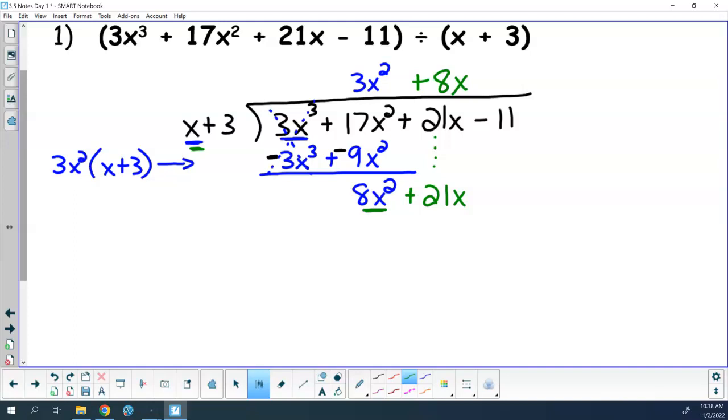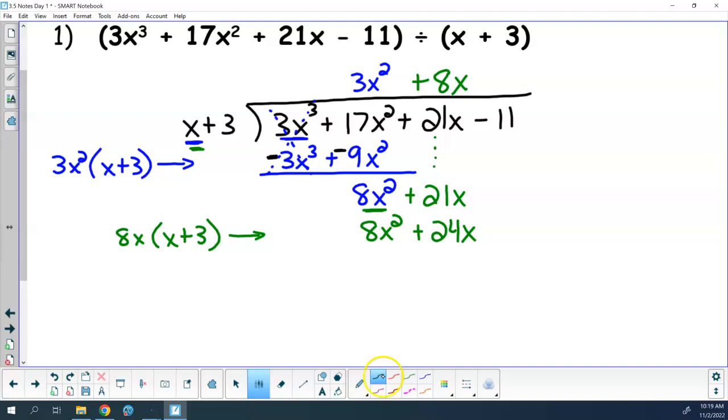8x. Down here, I'm going to multiply 8x times x plus 3. And that's going to be 8x squared plus 24x.